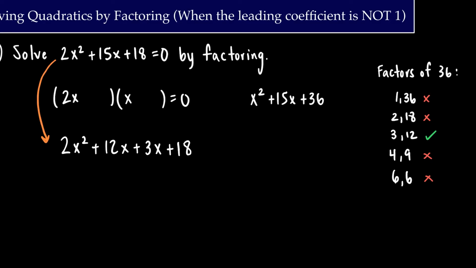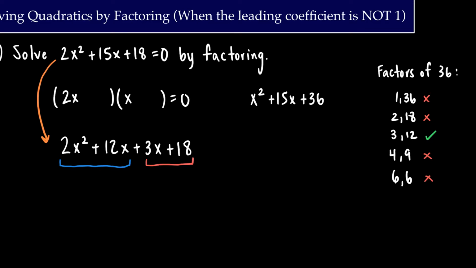Now I want you to think about these two terms grouped together and these two terms grouped together. I want you to factor out the largest possible thing you can divide out of this blue set and this red set.